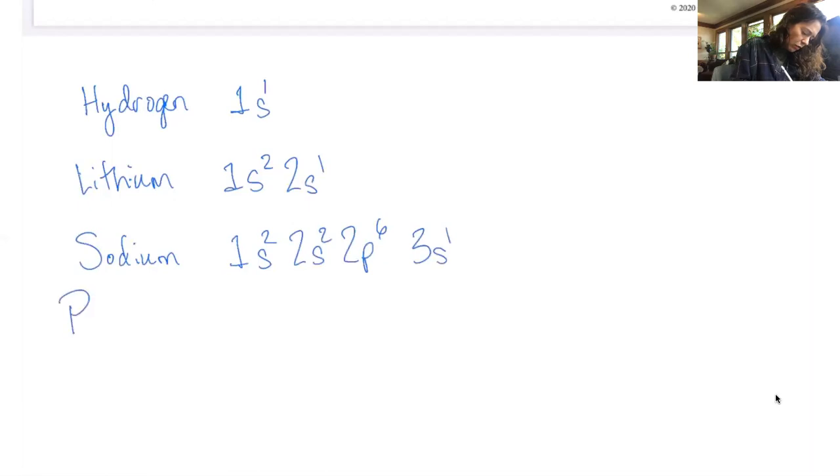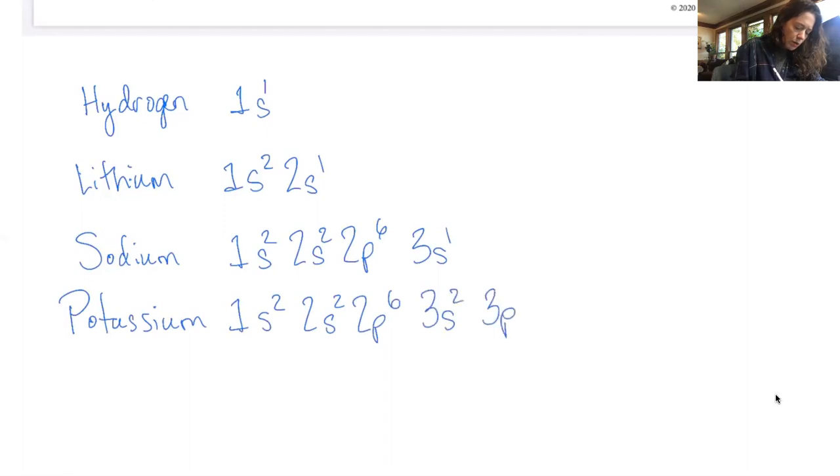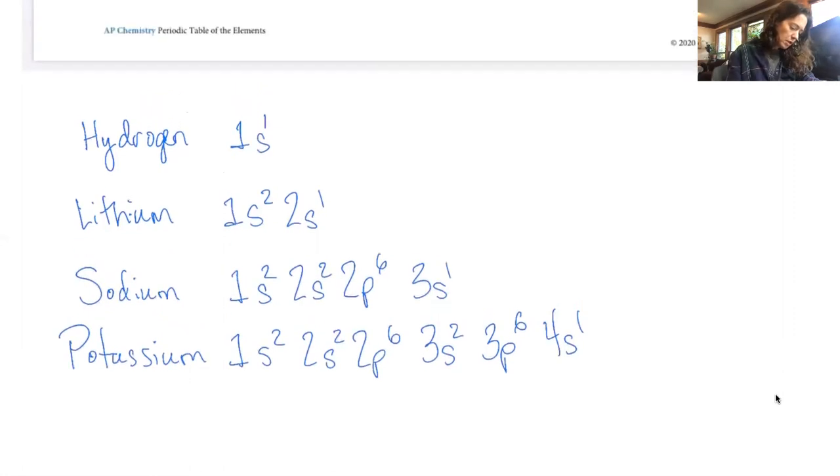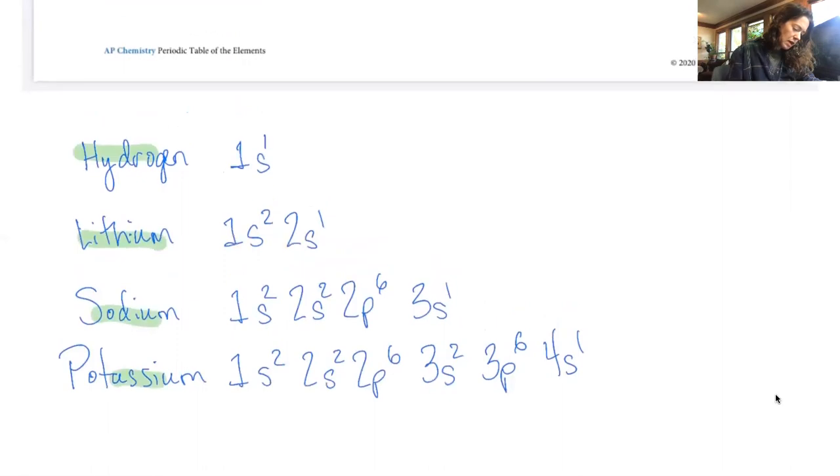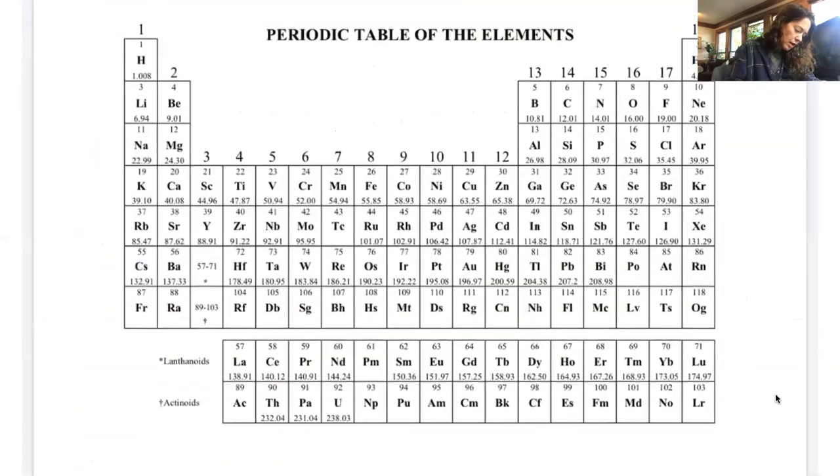Let's go ahead and do one more. Potassium. 1s2, 2s2, 2p6, 3s2, 3p6, 4s1. Now let's stop right there. What I want you to notice is the choice of my elements: hydrogen, lithium, sodium, potassium. And let's look at that on the periodic table. Hydrogen, lithium, sodium, potassium. Okay?